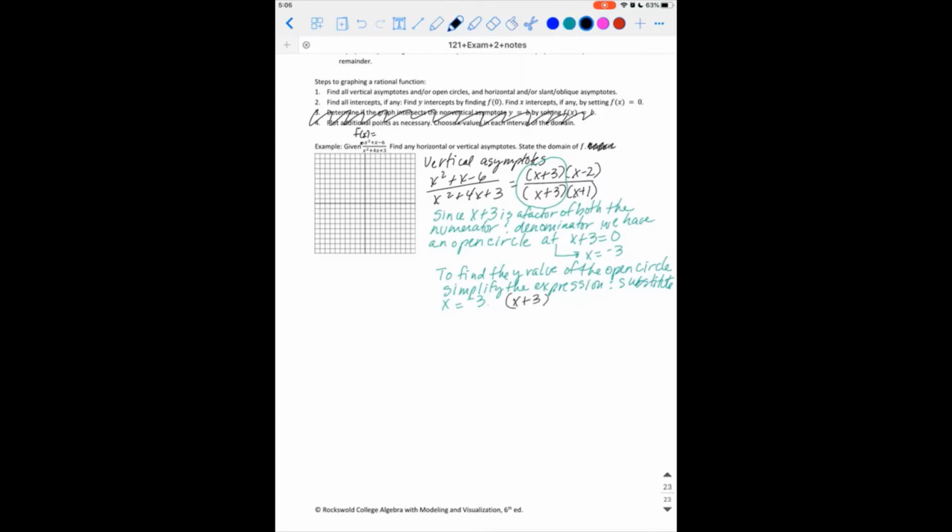So simplifying the expression means the following. These two simplify to 1. And so wherever I see an x, I'm going to put -3.